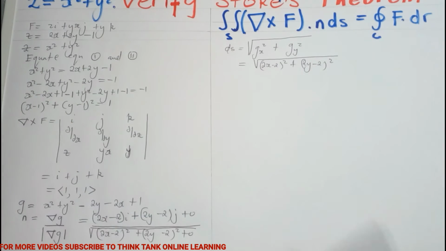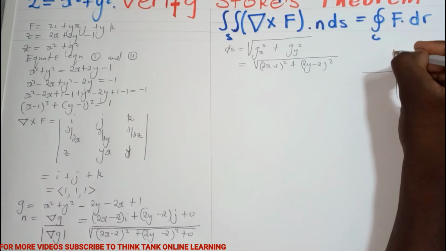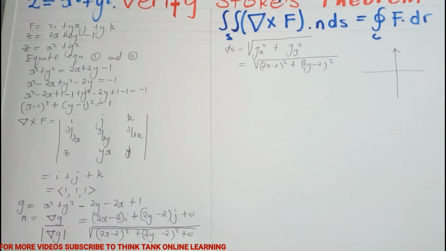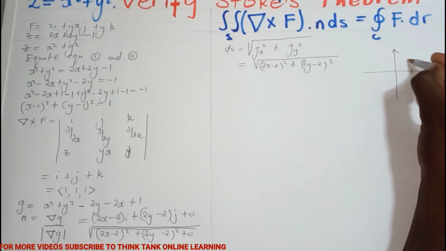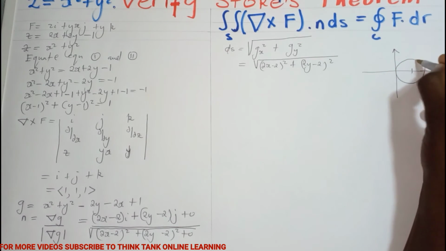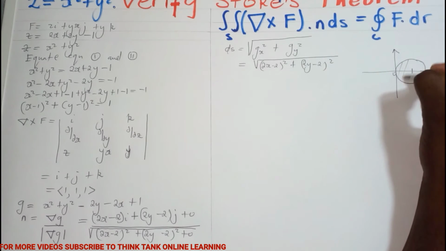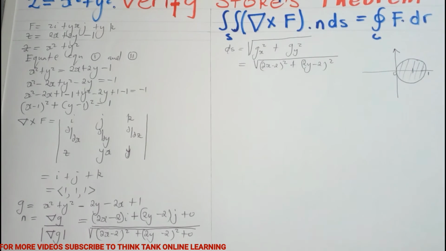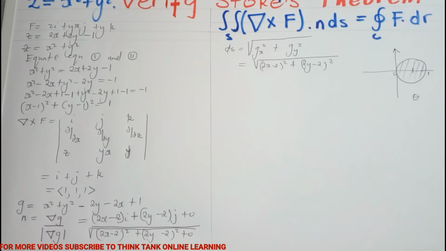Now we're good. This is a circle of radius 1, so I'm going to graph a circle here. What is the center of the circle? The center of the circle is (1, 1). I want to find the range for theta, the angle, because I'm going to use polar coordinates. I have a cylinder, so I'm going to use cylindrical coordinates.